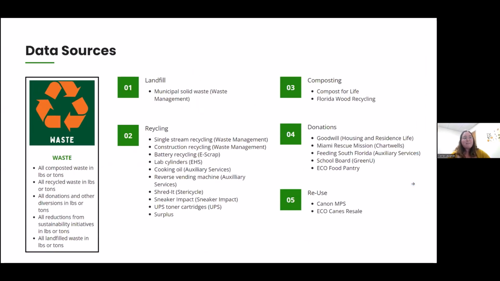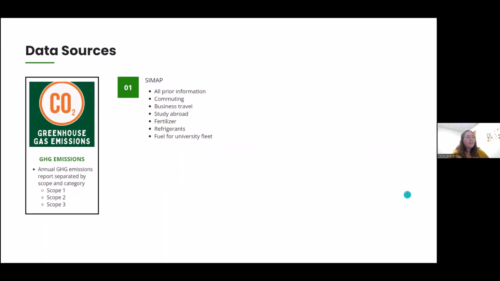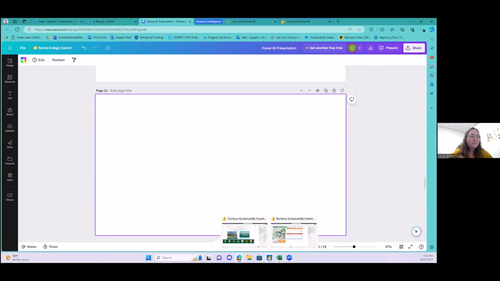Waste came from a plethora of different resources that I had to consolidate in the spreadsheet. And then greenhouse gases came from SciMap, which is a software where I can import all of that prior information along with other information such as commuting, and it'll spit out the metric tons of carbon dioxide equivalent for me. So I'm now going to show you the back end.